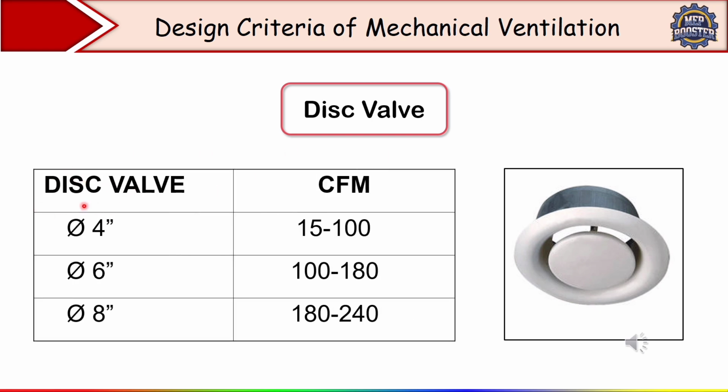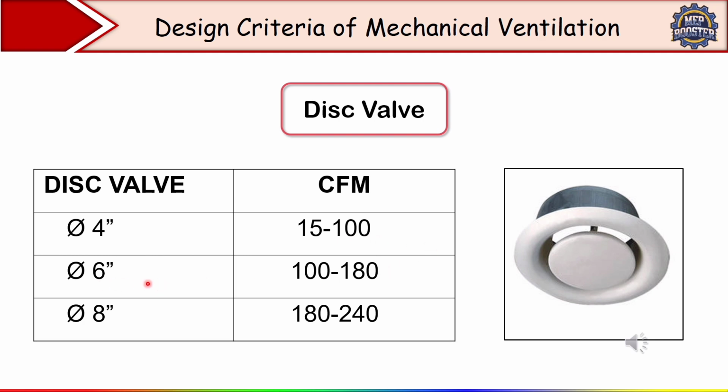See here, 4-inch dia disc valve is available, 6-inch dia disc valve, 8-inch disc valve. With the help of a 4-inch diameter disc valve, you can extract or supply 15 to 100, maximum 100 CFM from the toilet.